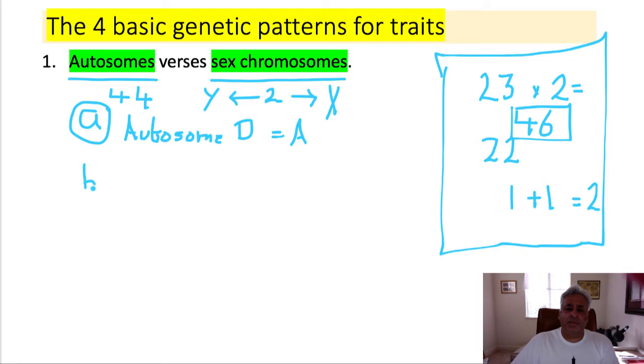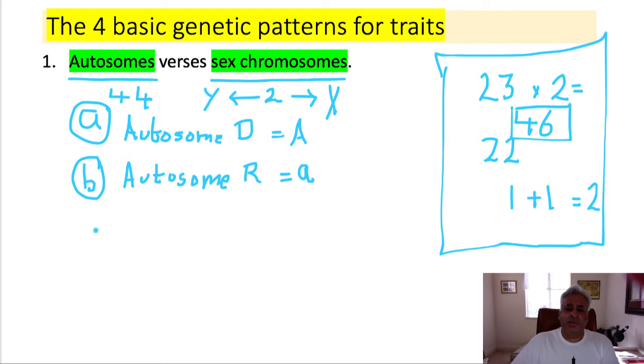Then there's a second pattern, again from a previous slide, that's going to be called autosomal, the same word as above, so I'll type it in just in case we need to know how to spell it. Autosome, right? And autosomal, you can put AL on the end, and recessive. And that would be following the condition on the autosomes as a lowercase letter.